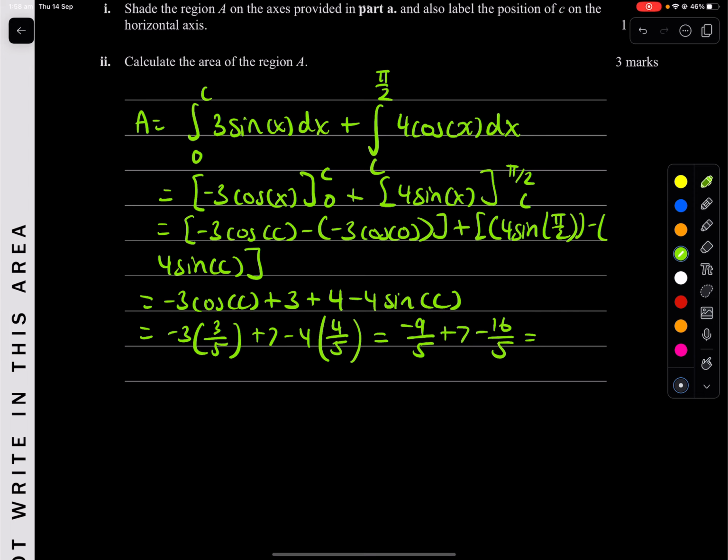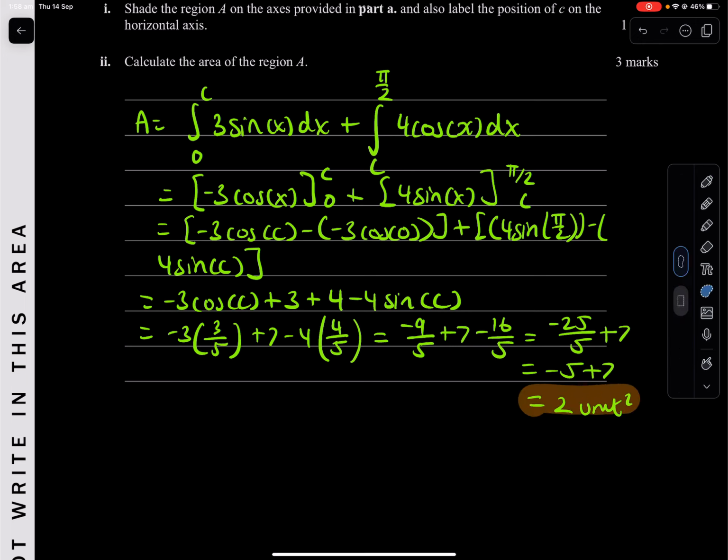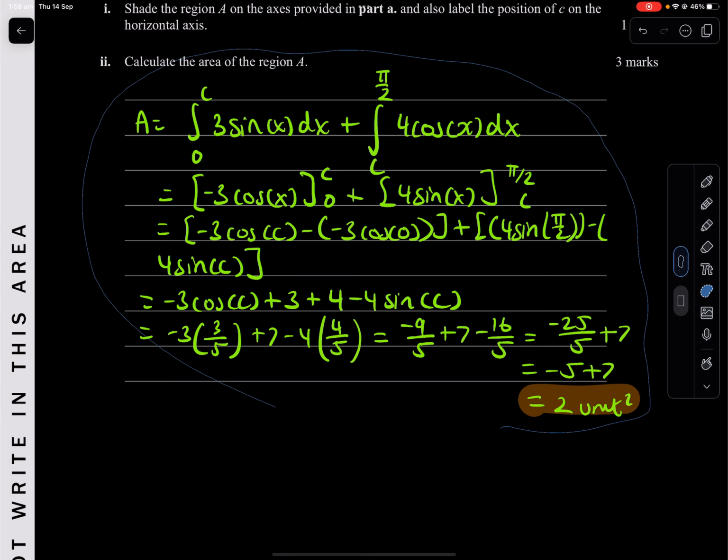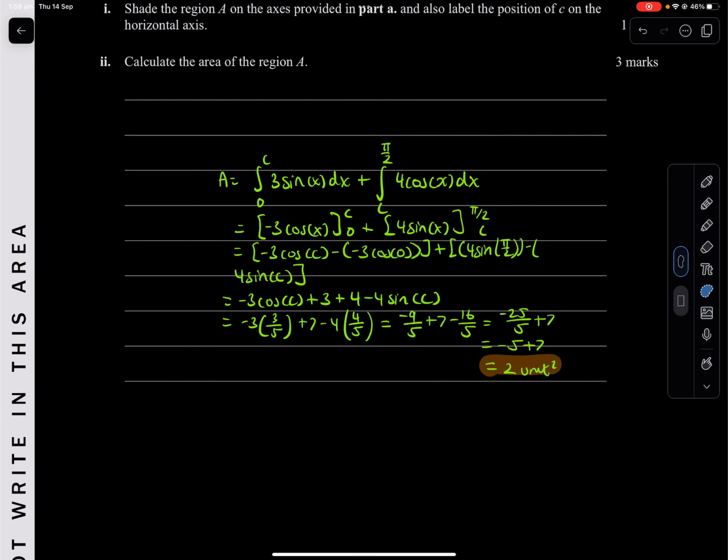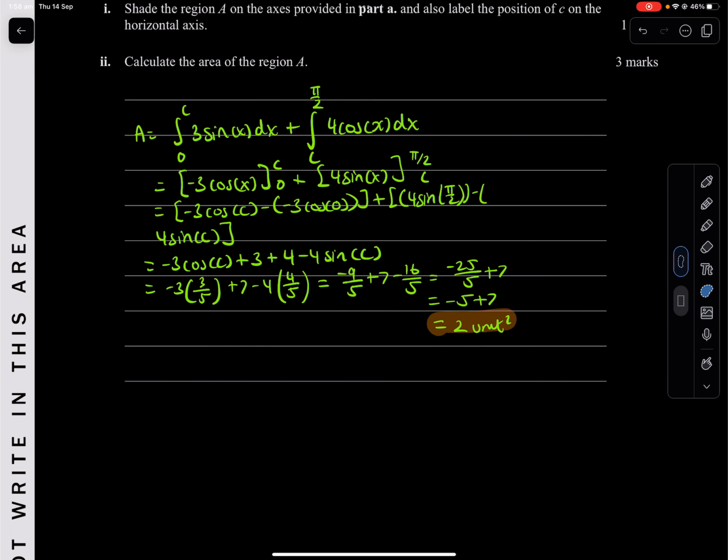That's negative 25 over 5 plus 7, which is negative 5 plus 7, which is 2. So the area is 2 units squared. That question's done.